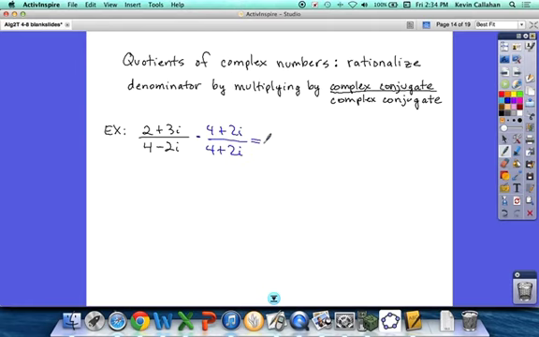In the denominator, this is going to be 4 minus 2i times 4 plus 2i. FOIL it. 4 times 4 is 16. 4 times 2i is 8i. 4 times negative 2i is negative 8i. And then the negative 2i times positive 2i is negative 4i squared.